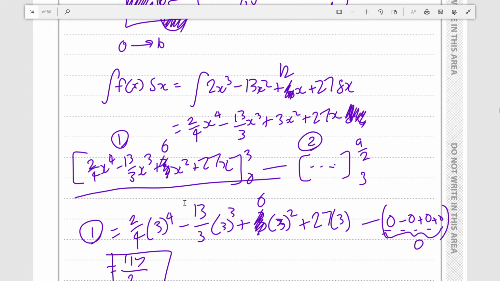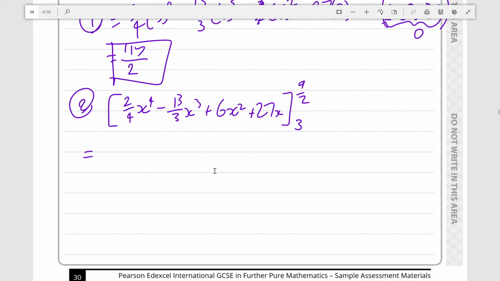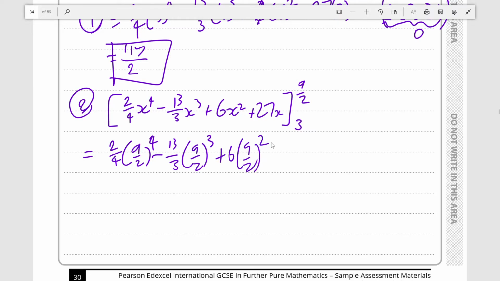So that's plus 6x squared and we know that this is just 2 over 4 times 9 over 2 squared minus 13 over 3 times 9 over 2 cubed plus 6 times 9 over 2 squared plus 27 times 9 over 2. And then, after all this, we subtract 117 over 2 because that is the value of this expression for when x is equal to 3.